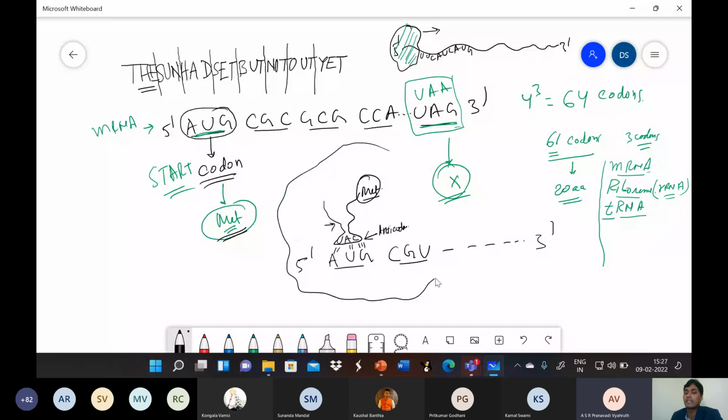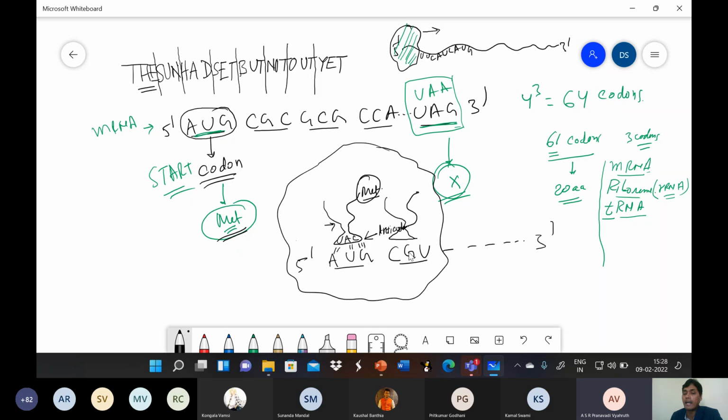And the ribosome is present here where the reaction is going on. Ribosome helps to catalyze the peptide bond formation. Peptide bond is being formed between 2 amino acids, right? So the next amino acid, that means here you have a tRNA.